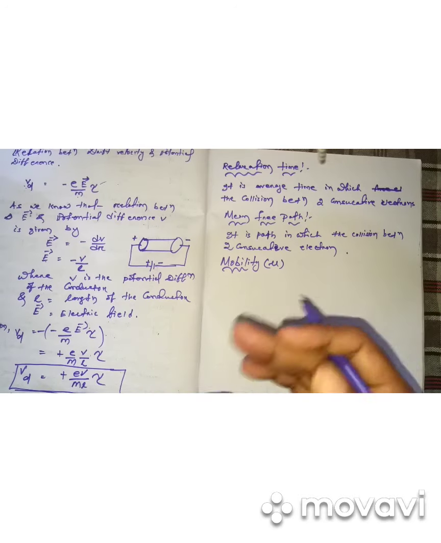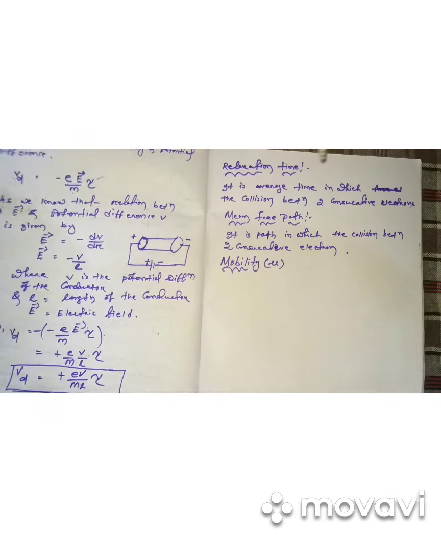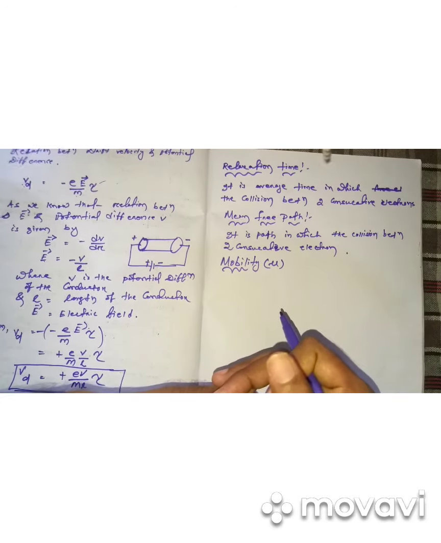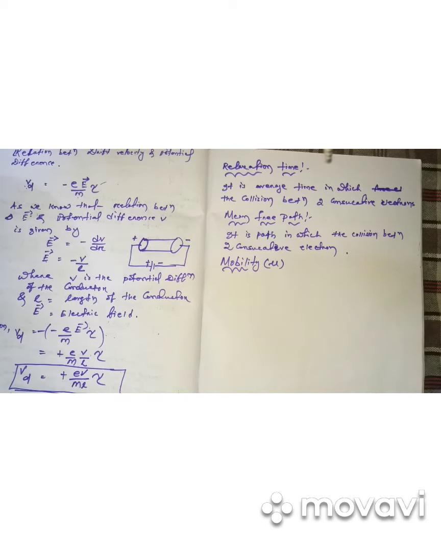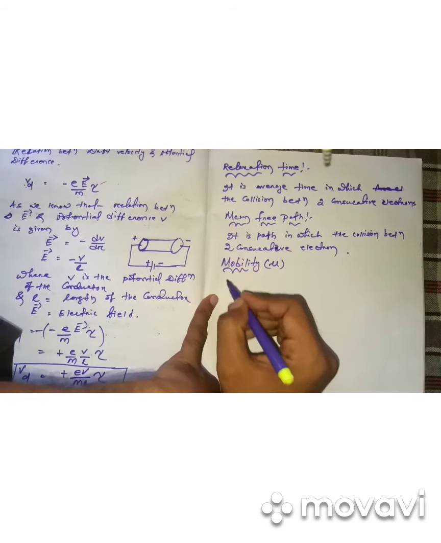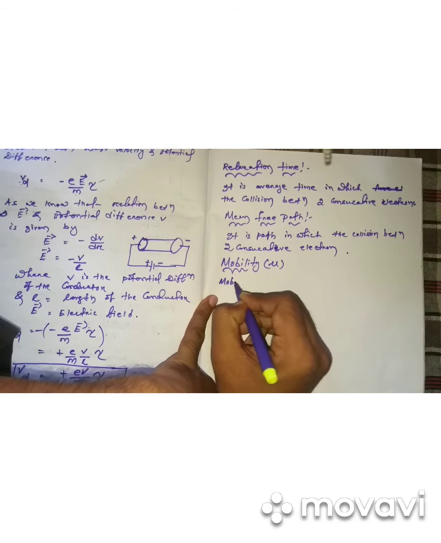Responsible for what? For current. So it is defined as the magnitude of drift velocity of charge per unit electric field applied to that conductor.